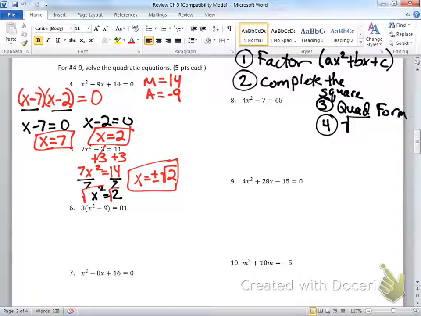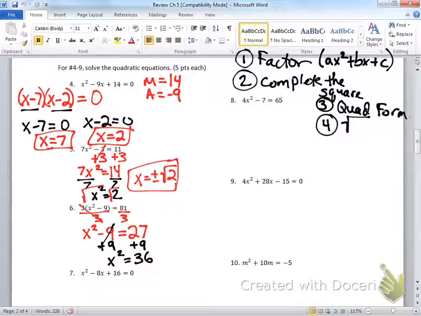So we could divide both sides by 3. So x squared minus 9 equals what? 27? That's what I got. Okay, then what? And then you add 27. You had 9. Add 9. That's what I meant. What is that, 36?